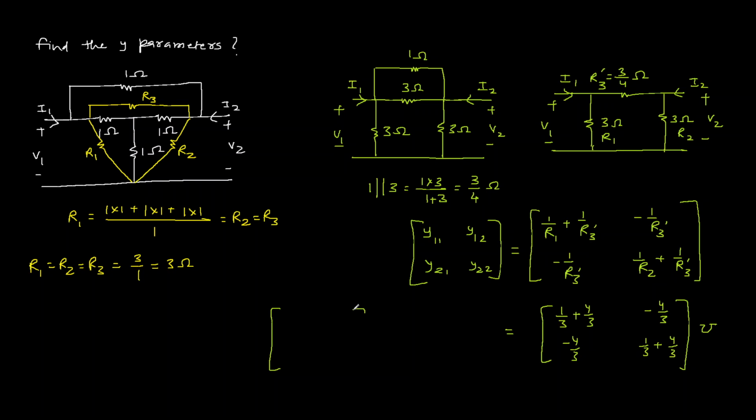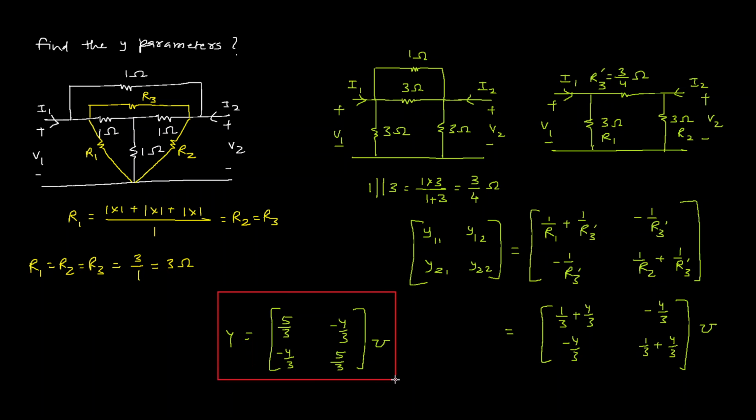So the final y matrix is 5 over 3, then 4 over 3, minus 4 over 3, then minus 4 over 3, and then 5 over 3. So this is the y matrix for the given two-port circuit. I've used the direct method.